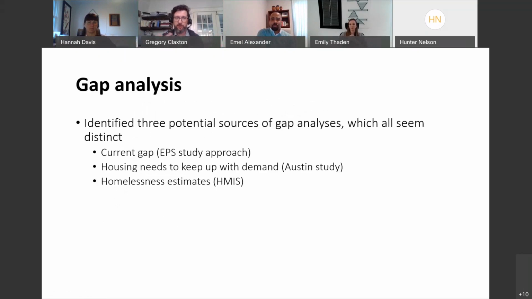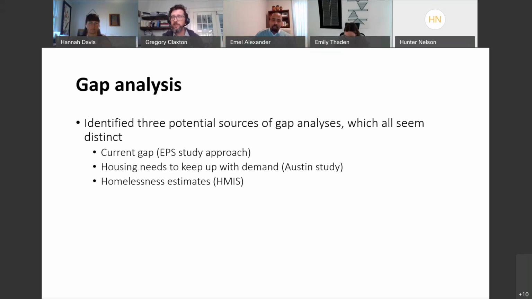Since working on that, I've got an updated view of it, and we've also identified two other ways to think about this gap. They're conceptually distinct, so we're looking at them as things that you add together to get a view of the need.